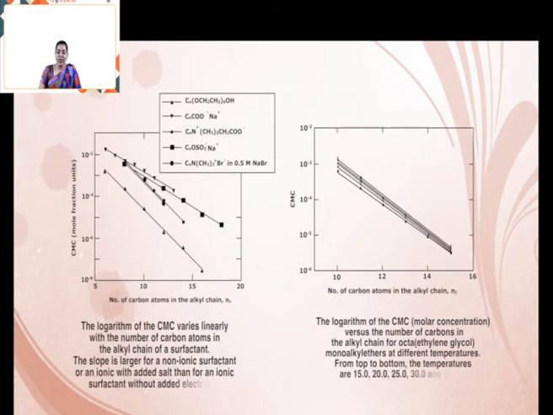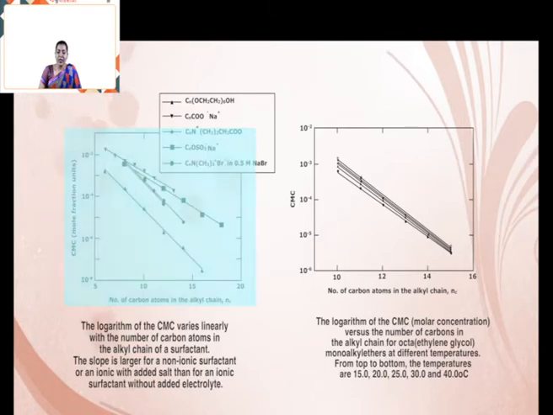Number 1. The CMC decreases strongly with increasing alkyl chain length of the surfactant. For example, an increase in the ethylene oxide chain length of a non-ionic surfactant makes the molecule more hydrophilic and the CMC increases. This is shown in figures 3 and 4, and the results are given in table 3.